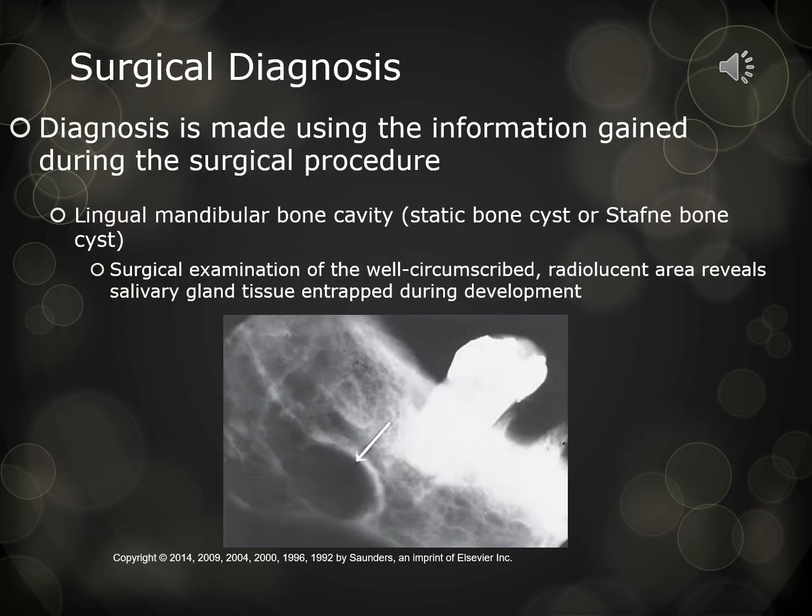Slide 56 shows another case in which diagnosis using surgical means is helpful in diagnosing the lingual mandibular bone cavity, static bone cyst, or Stafne bone cyst. When it is surgically examined, it appears to be a well-circumscribed radiolucent area revealing salivary gland tissue entrapped during development.